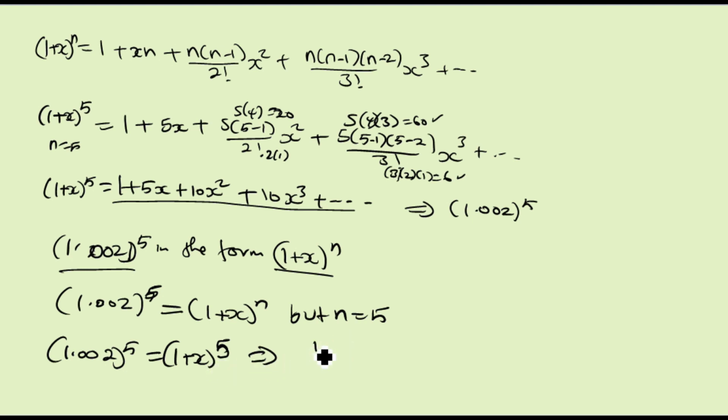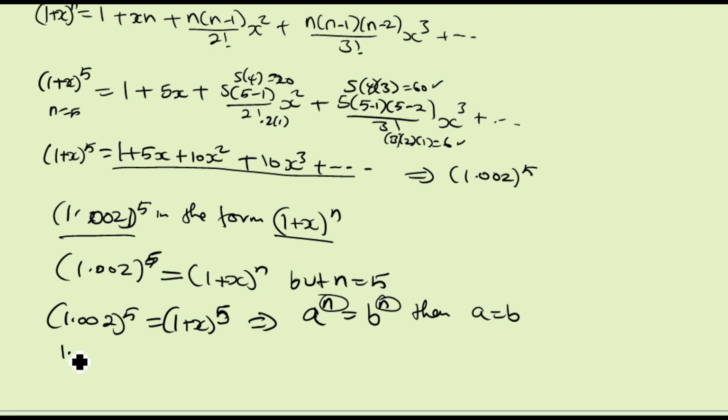Now, from the rules of indices, if you have a^n equals b^n, then that means that a is equal to b, because the powers are the same.